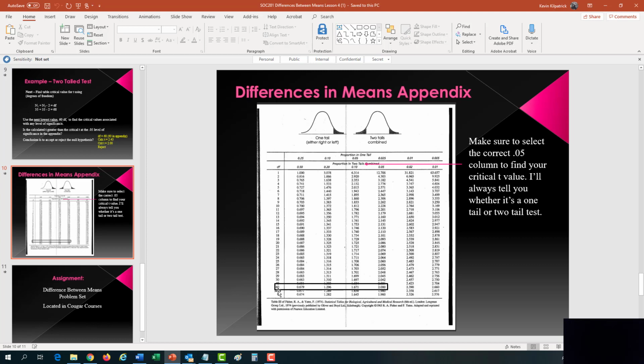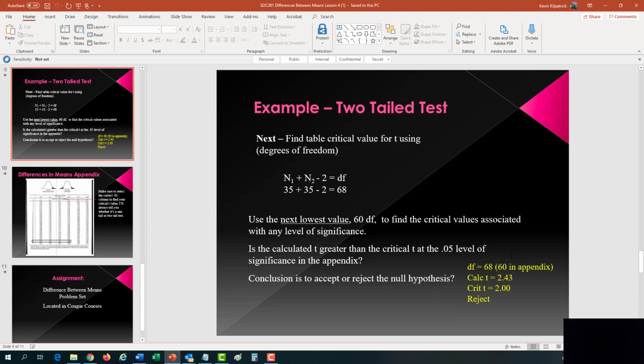We're going to go all the way down. Remember, we couldn't find 68, so we just drop back down to the next lowest degree of freedom value, which is 60, and go all the way over here, and this is how we find 2.00. Actually, it's 2.000 in the appendix, but I'm just going to take one of those zeros off because I am the mighty professor and I can do anything. And that critical t value is 2.00.